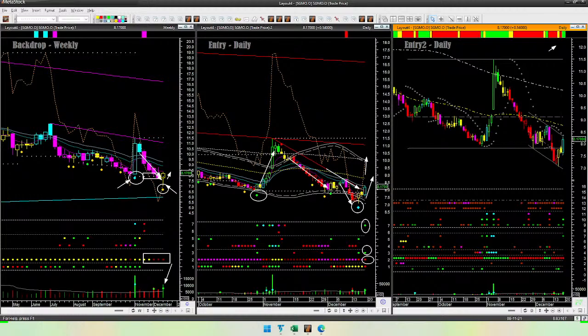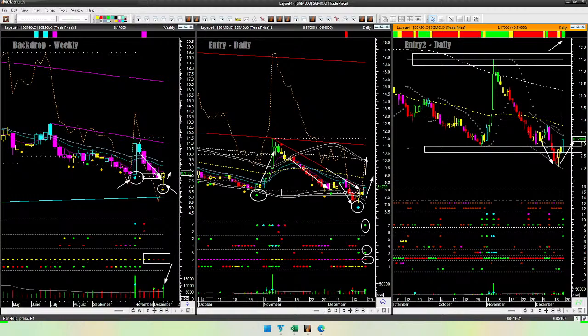In the alternate signals, bongo green at the lower end of the channel. False downside breakout at the channel also. So we have false downside breakout at the watermark in daily, at the watermark in weekly, and also at the lower channel.